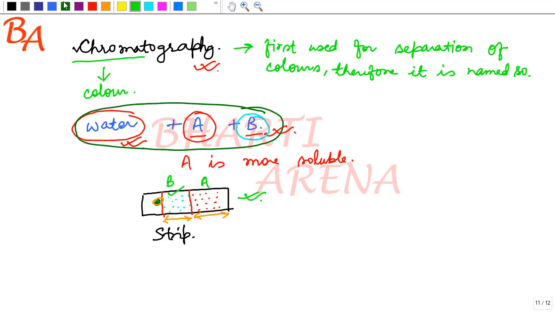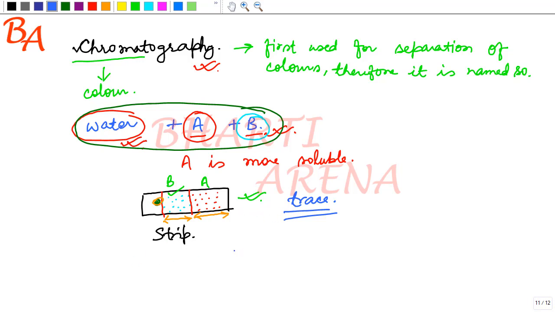One thing we should know here is that these components should be in trace amounts. If they are in a maximum amount or higher concentration, they cannot be separated by this.